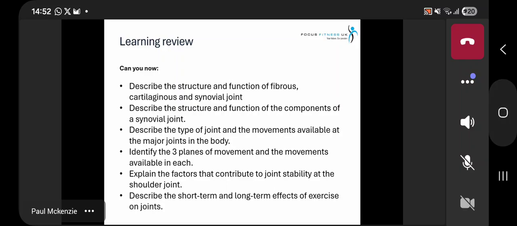We said things like the elbow is going to give you flexion extension. We have pronation, supination between the radius and the ulna. The knee is going to give you flexion extension, but remember when the knee's flexed, we have rotations. The hip has the same nine movements as the shoulder joint. At the ankle, we have dorsiflexion and plantarflexion between the tibia and the talus. But then between the talus and the calcaneus, we have inversion and eversion.